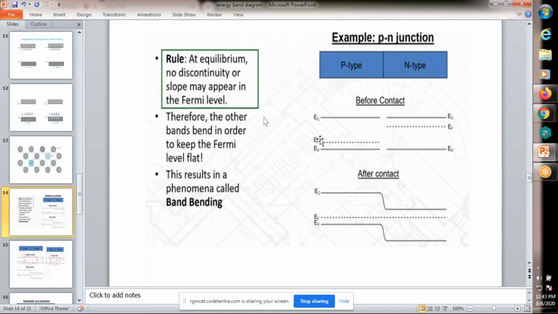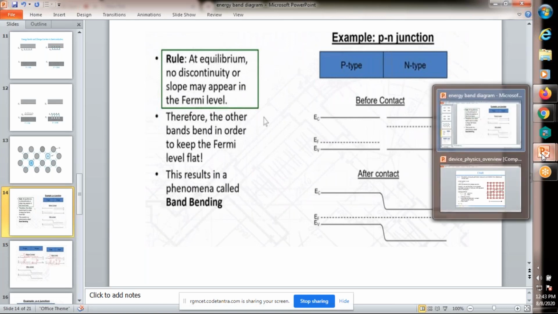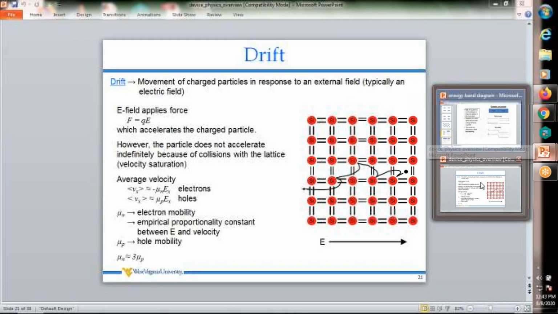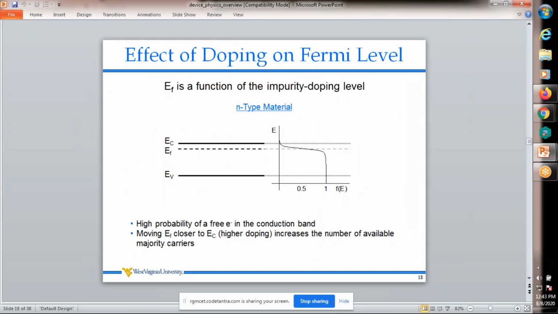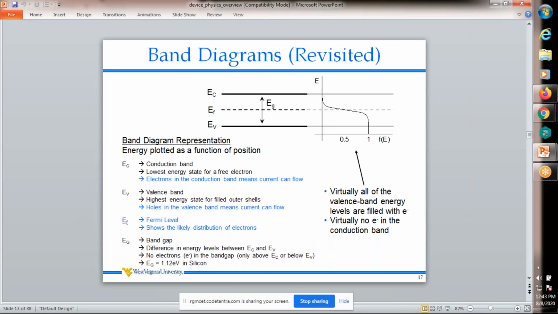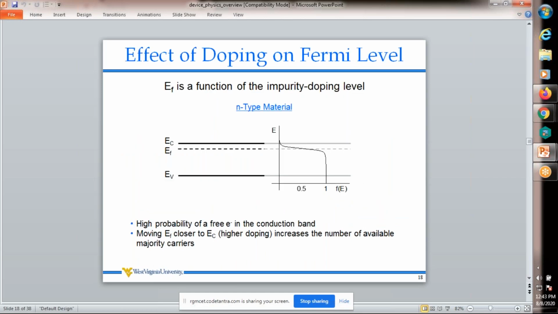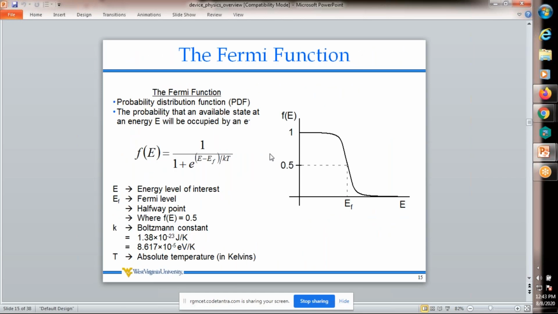This is also called the Fermi level. Now, what is the Fermi level? Let us briefly discuss the Fermi concept here. Fermi is the name of a scientist.